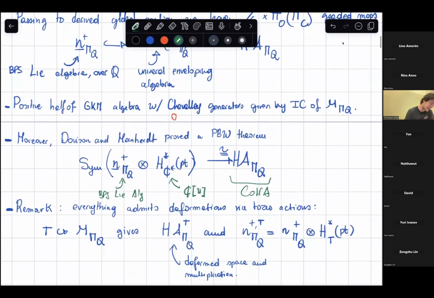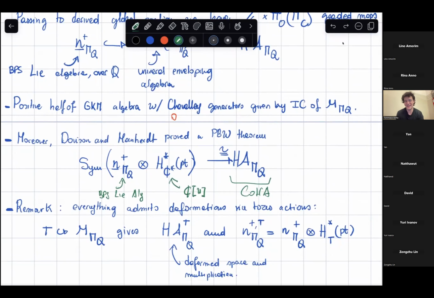So in particular, we can consider a torus T acting in some way on our moduli space of semisimple objects. And by means of this torus action, we can construct some kind of T-deformed cohomological algebra. So both the space is deformed and also its multiplication. And we can also consider some kind of deformed version of the Lie algebra.